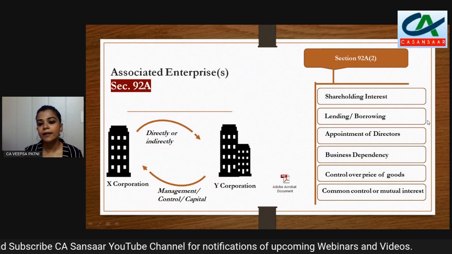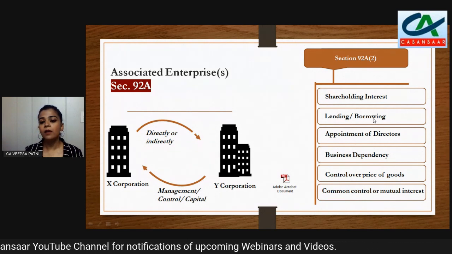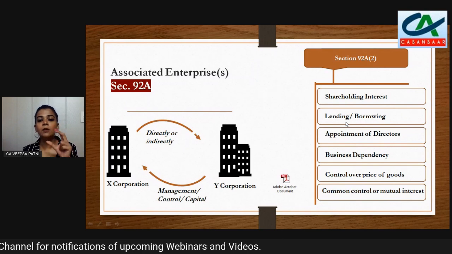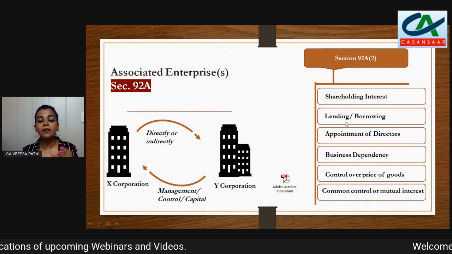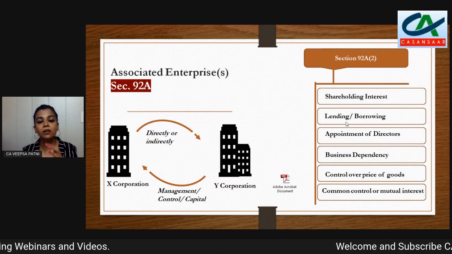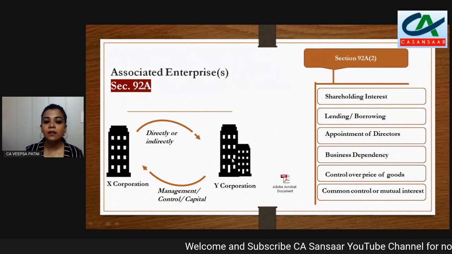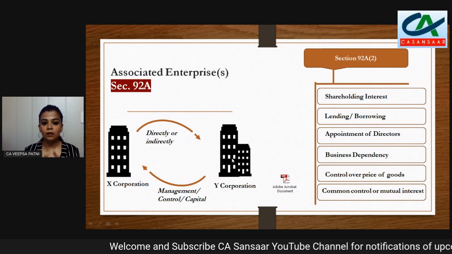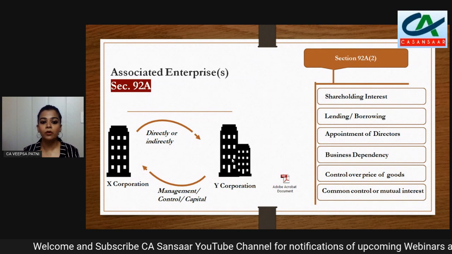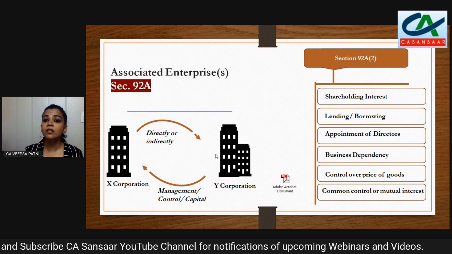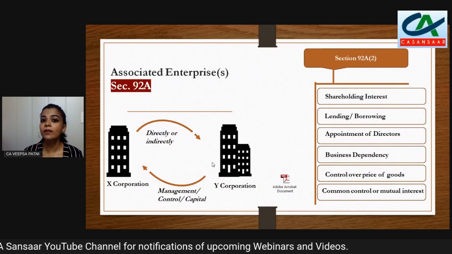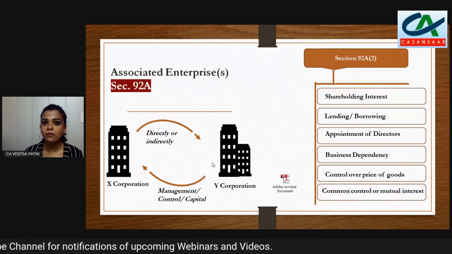And say lending and borrowing: if lending and borrowing exceeding a particular percentage has been done, say X corporation has lent a major chunk of the borrowing to Y corporation, then it will have some kind of influence or control over the business of Y corporation.